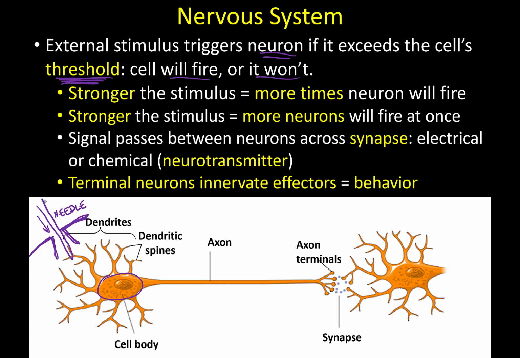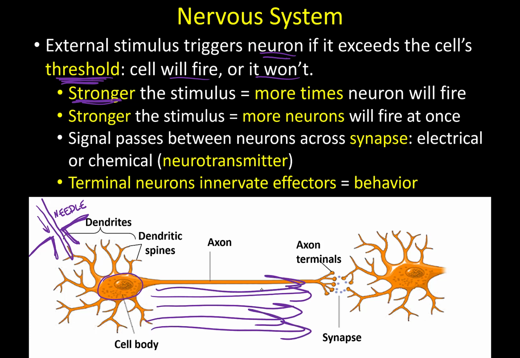The way that it sends an urgent message in response to a strong stimulus is by sending lots and lots of copies of the same message. The neuron will just fire over and over and over again. And in this way, it communicates to its neighbor that something urgent is going on.